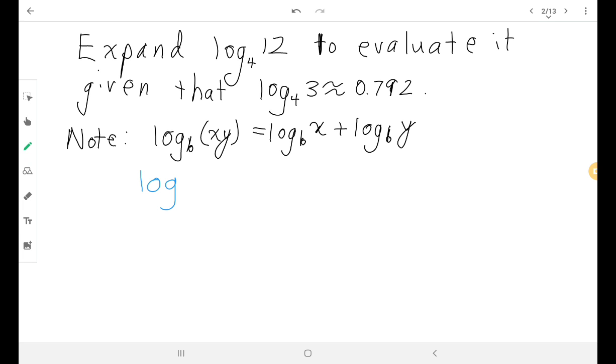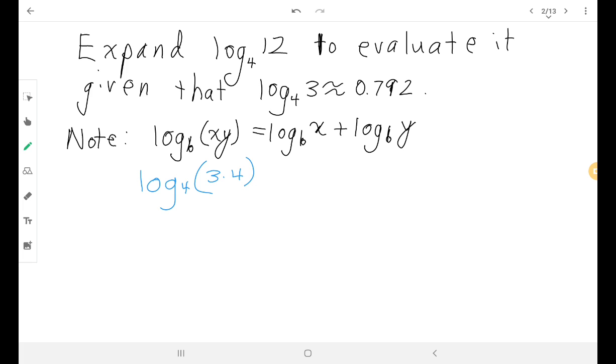We would say log base 4 of, and instead of saying 12, let's use 3 times something is 12. Well, that's 3 times 4.